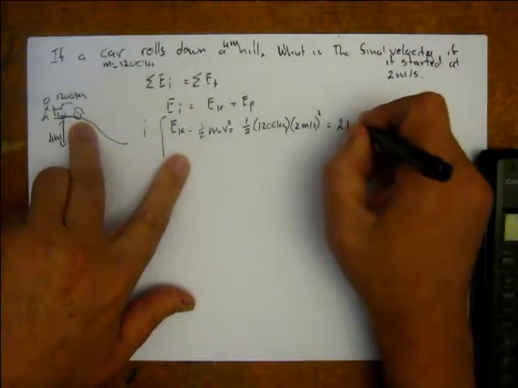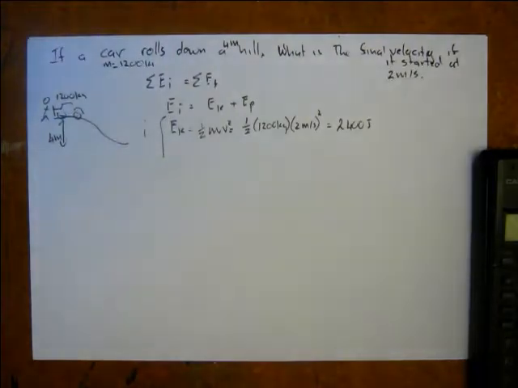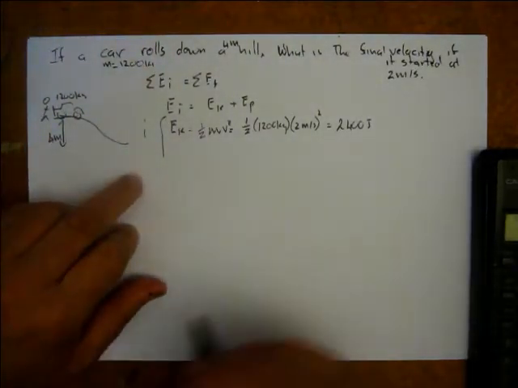So it's got 2,400 joules of rolling energy, of kinetic energy.